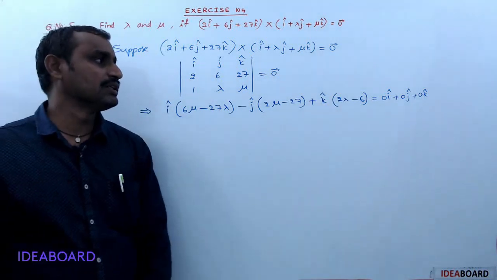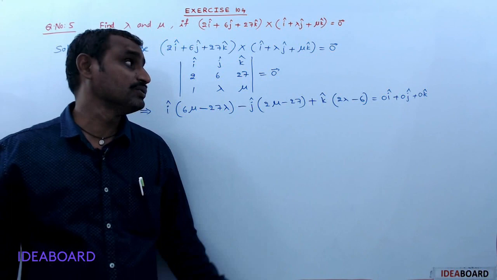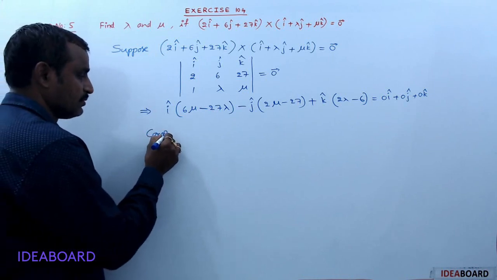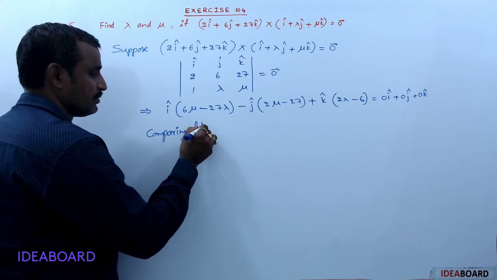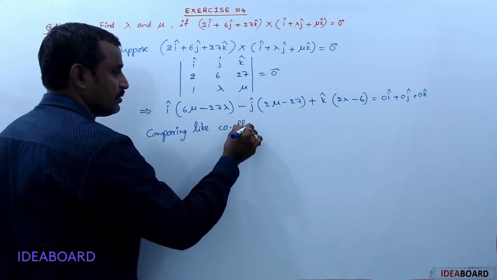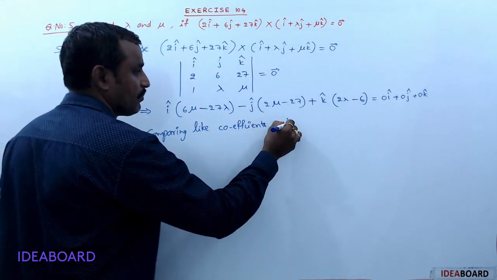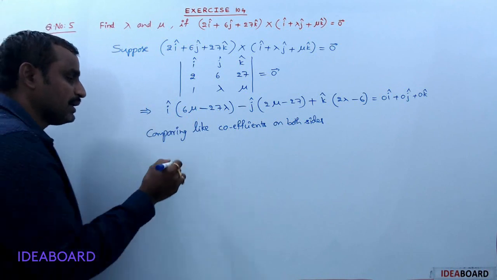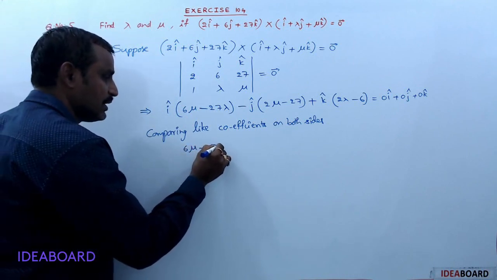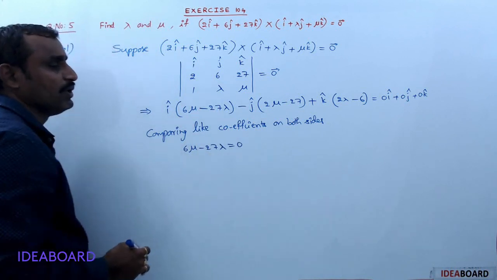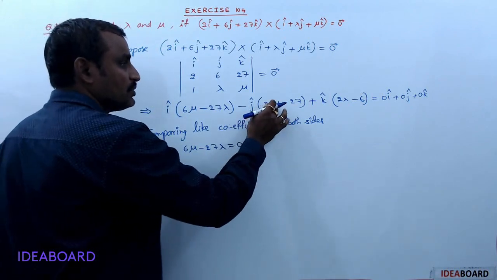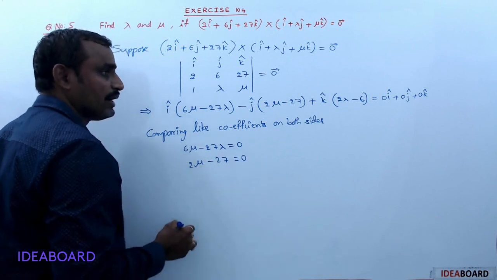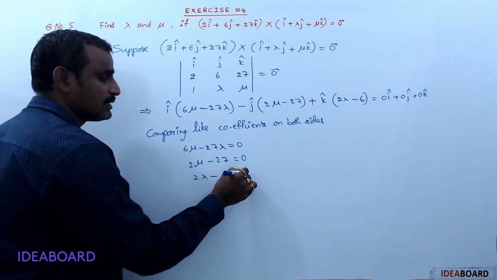Now comparing like coefficients on both sides, we get: 6 mu minus 27 lambda equal to 0; 2 mu minus 27 equal to 0; 2 lambda minus 6 equal to 0.